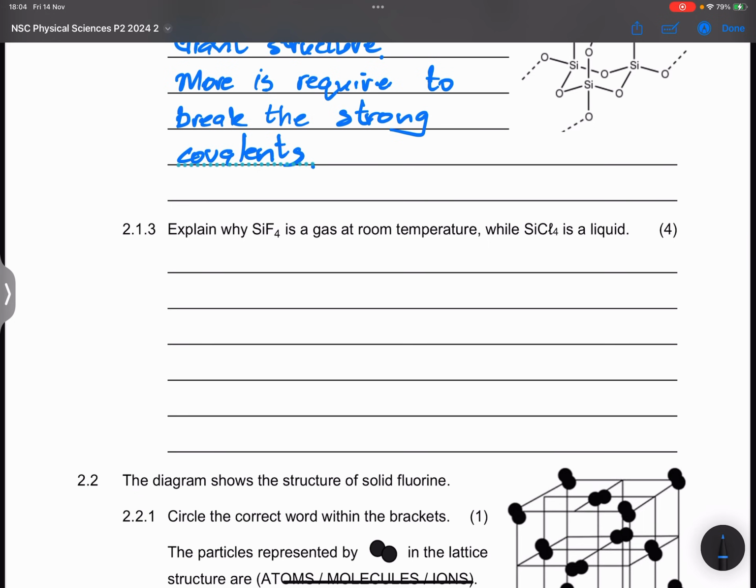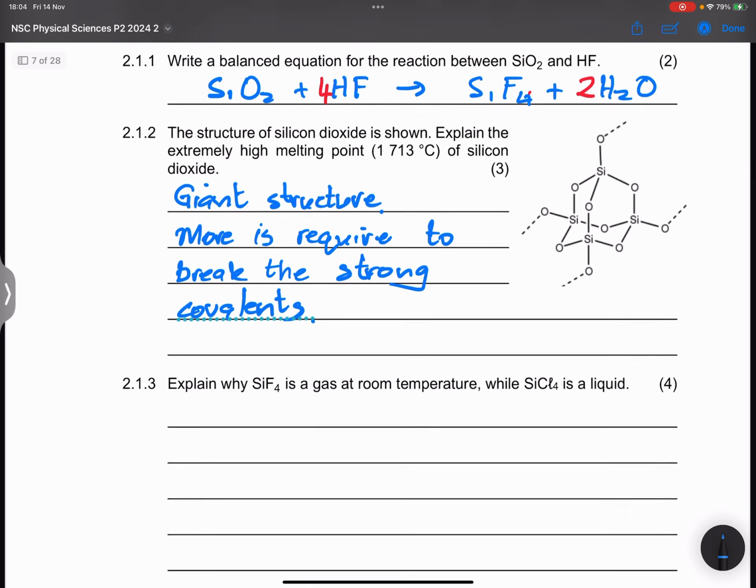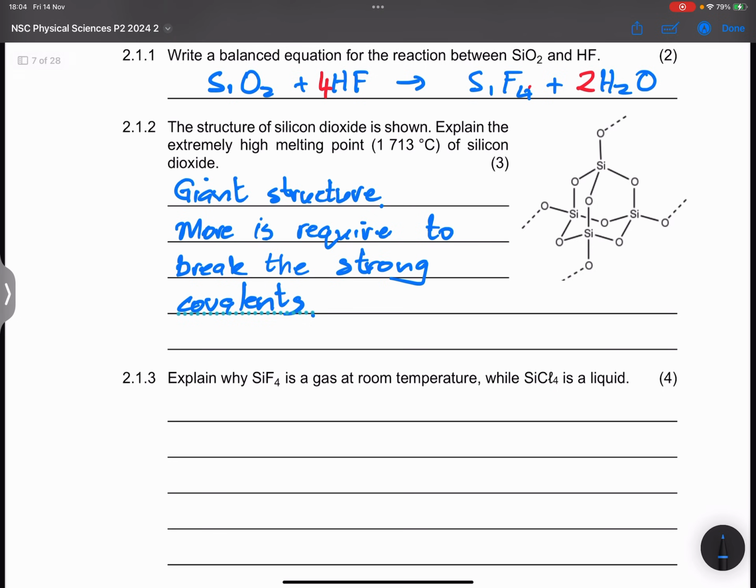They say to us, explain why silicon fluoride is a gas at room temperature while silicon chloride is a liquid. Now, ladies and gents, I want you to first note in this case that when you're looking at both chloride and fluoride, there are several things that are different between them.